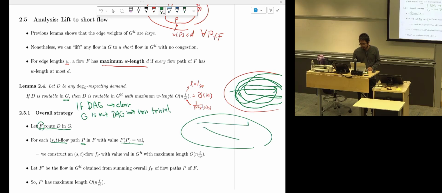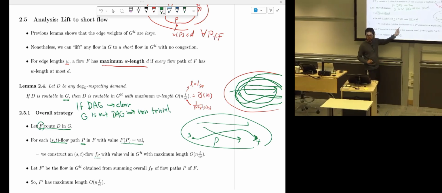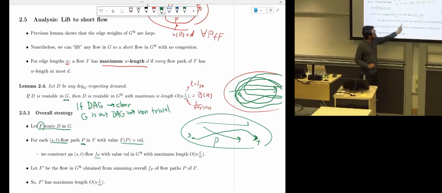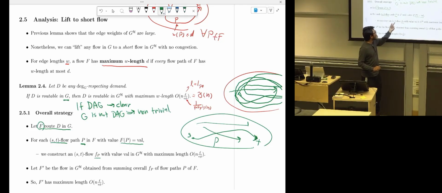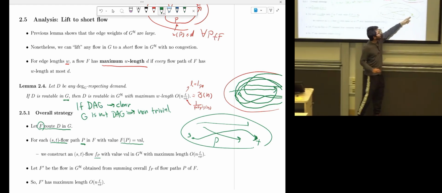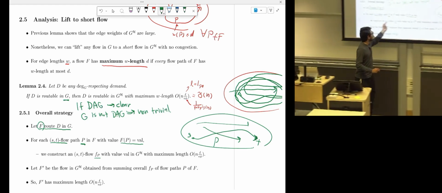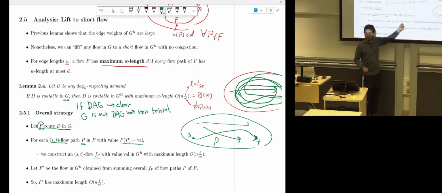There are many paths. Let's say that I look at one path P from S to T. This path can be long. What we're going to do is construct another flow f_P for this path P, that routes the same thing from S to T with the same value.